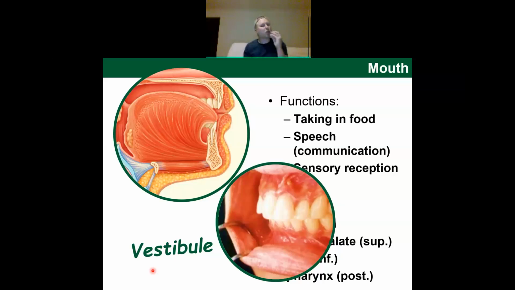So the vestibule refers to the space between your teeth and gums and your lips. It forms a little chamber between the teeth and gums and the lips, and also the cheek. So this area is known as the vestibule, a chamber. So that's just a term for you to know as well.